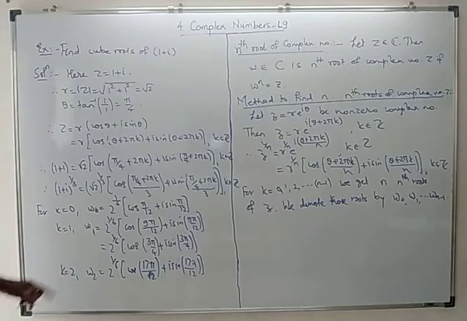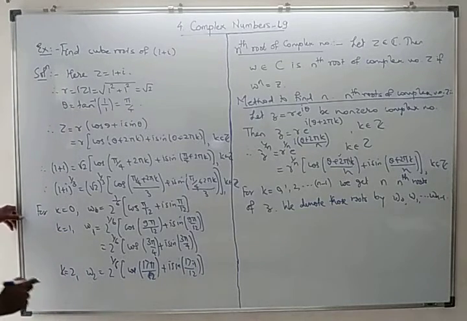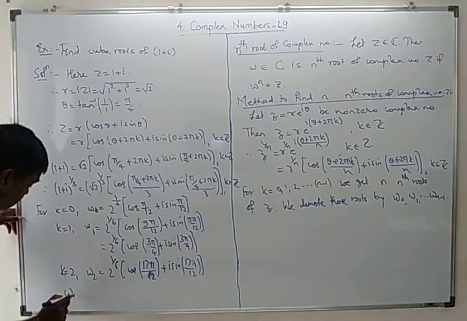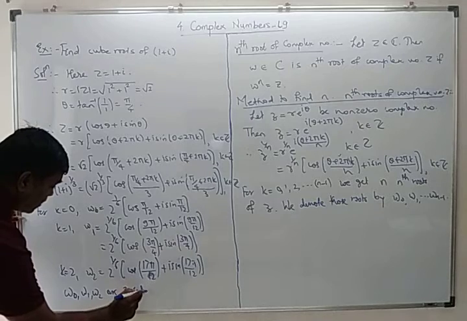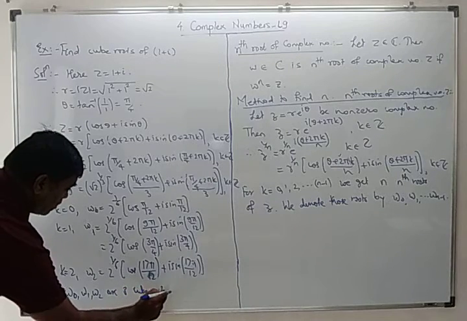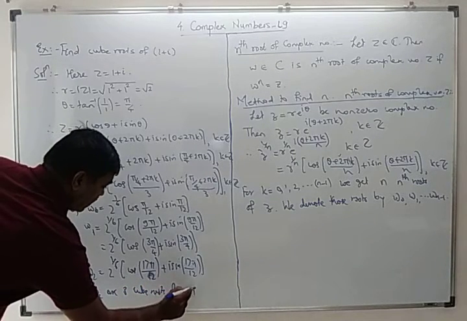So w0, w1, w2 are the 3 cube roots of 1 plus i.